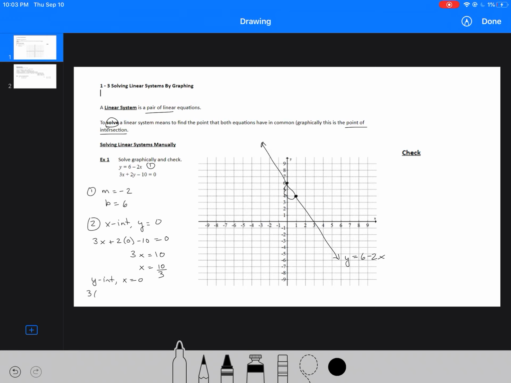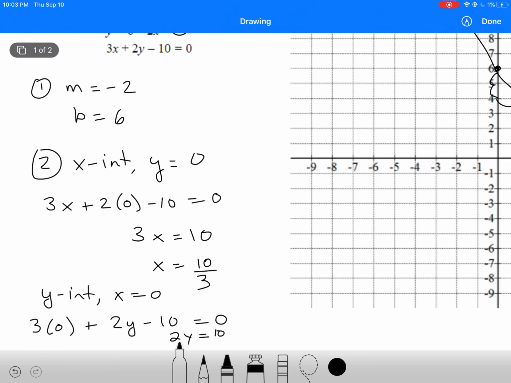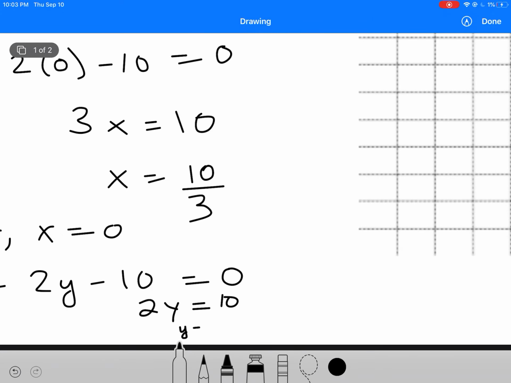So I've got 3 times 0 plus 2 times y minus 10 equals 0. And that's going to give me 2y equals 10, and then I get y equals 5. So that's much better.